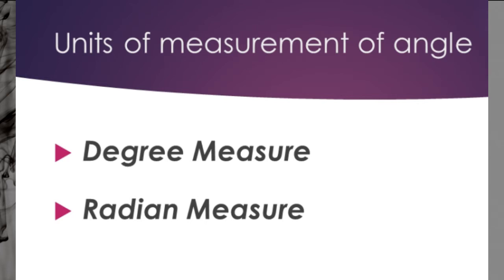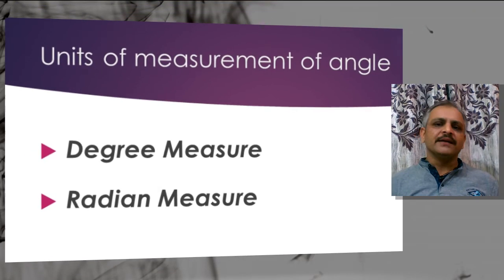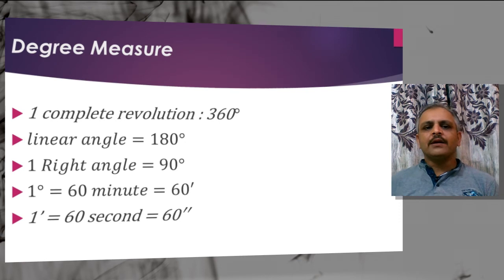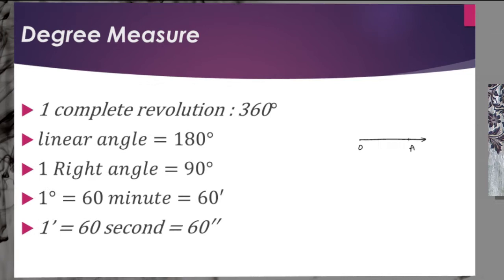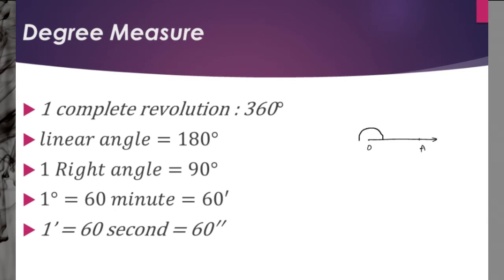Now let's understand the units of measurement of an angle. How do we measure angles? Basically there are two ways: degree measure, and the second is radian measure. Degree measure. One complete revolution, as we saw right now, this is my ray, initial point vertex O, and let this be A. If I rotate this ray completely about this vertex in the anti-clockwise direction, whenever it reaches its initial position, the complete rotation will be 360 degrees. A linear angle means half of the complete angle, when the rays are just opposite to each other.